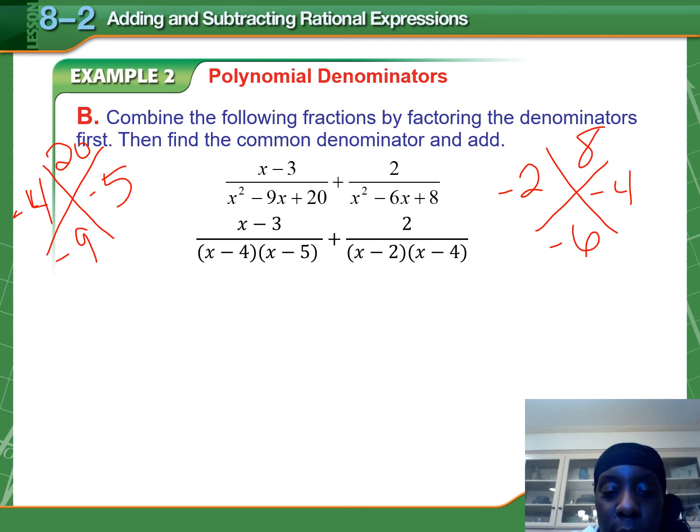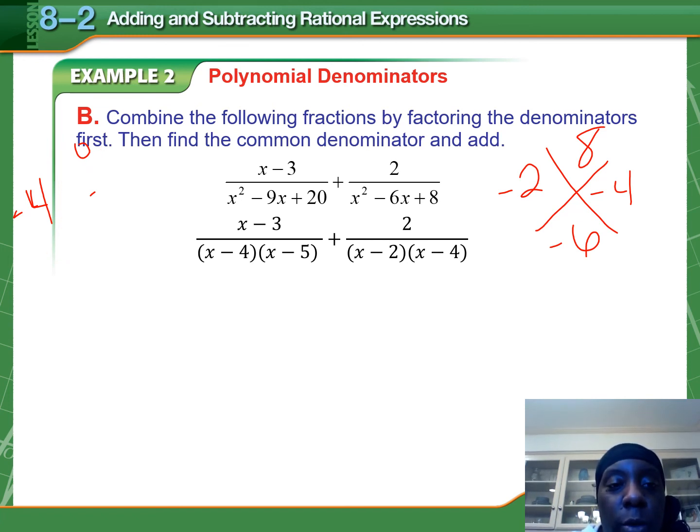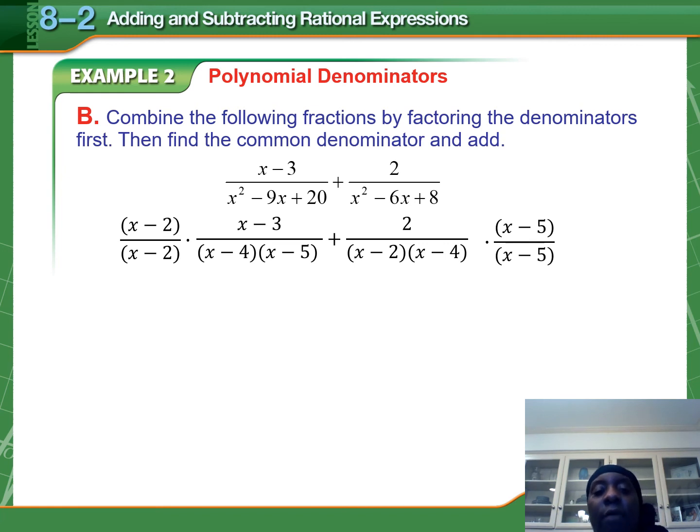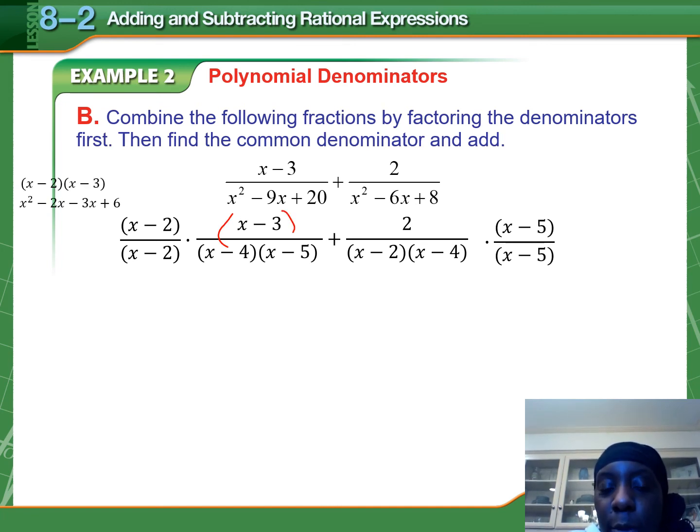Over here, let me erase my factors so they won't get in the way. Okay, here we go. So I need an x minus 2 on that side and an x minus 5. When you look at that, we have all three binomials. Now, hard part over here, we need to multiply this out. You are going to have to work on the side and multiply that out.